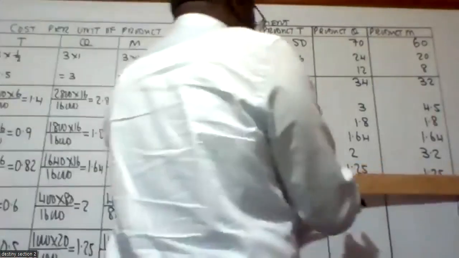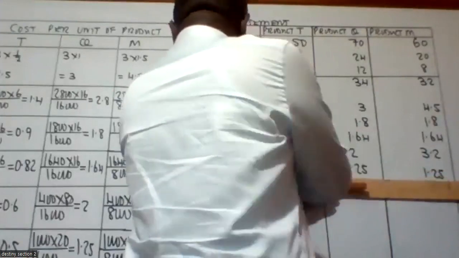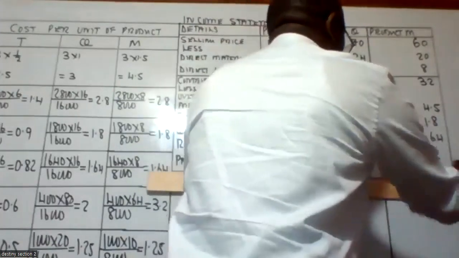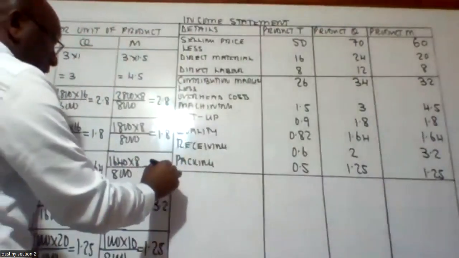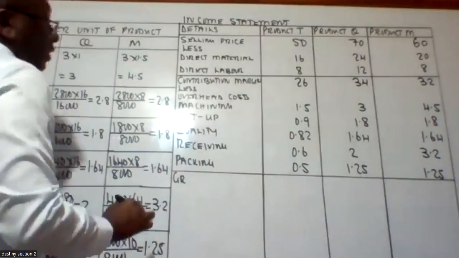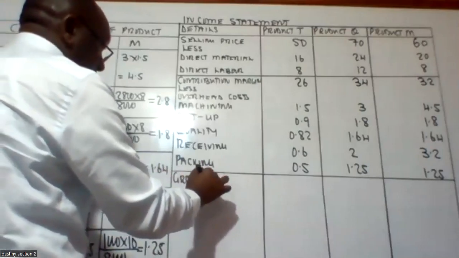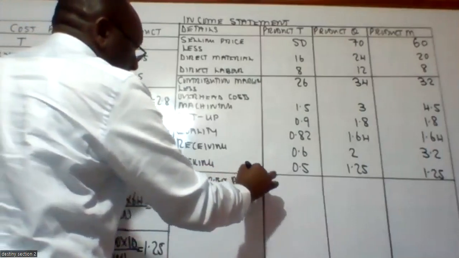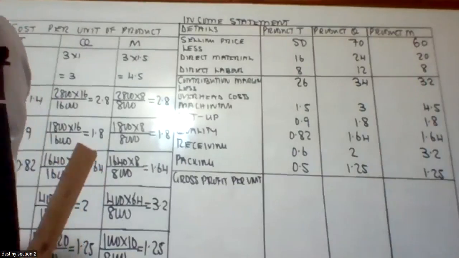So when you less those ones, you will be able to get the gross profit per unit.